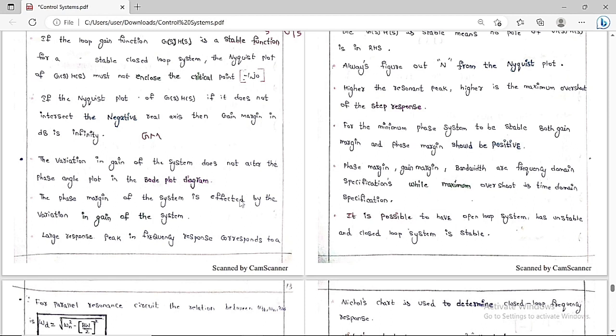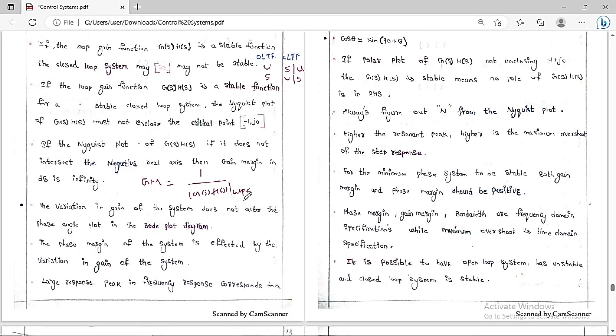Gain margin is equal to 1 by mod of G(s)H(s) at omega PC, the phase crossover frequency. Omega PC is the frequency at which the phase angle of the open loop transfer function is equal to minus 180 degrees.